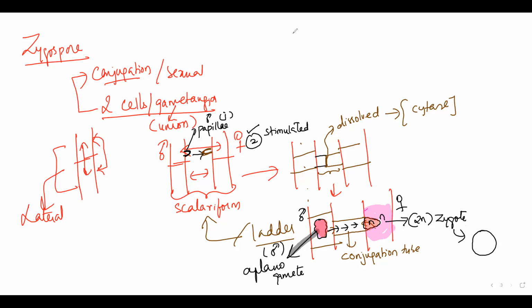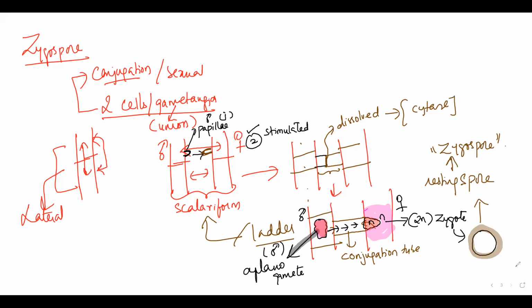Let me create a thick wall around this. So the zygote has created a very thick wall around it, and now this is going to be the resting zygote and a resting spore. This spore is none other than your zygospore. Have you understood what is a zygospore now? I hope I made it clear for you all.